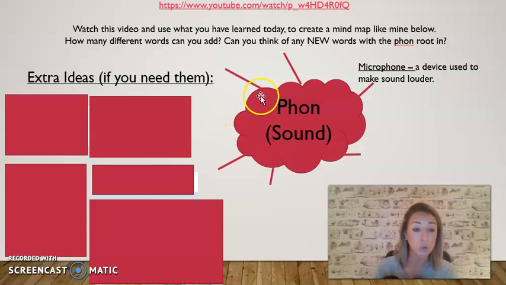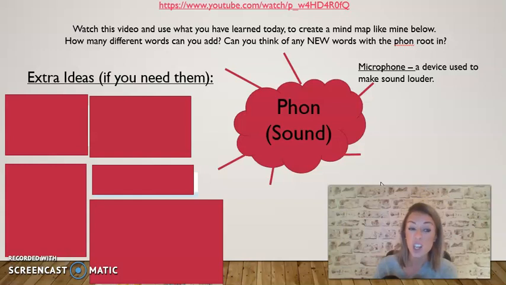Fill up a whole page with as many phon words as you can. So I've put one on there for you so you can see what it perhaps should look like. So you're going to have your bubble in the middle and you can colour that in if you like and do it in nice fancy bubble writing as long as it's lovely and neat and readable. And then around the outside you are going to add all your phon words.